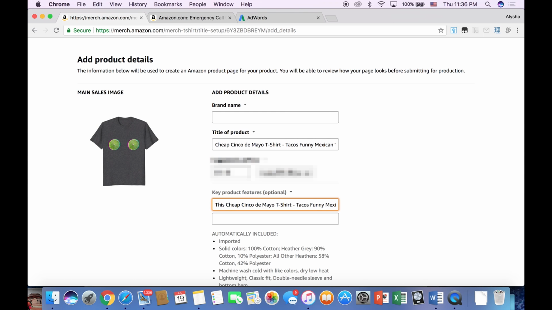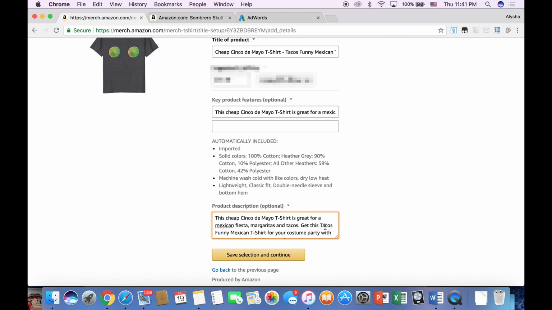So I want to make a couple of sentences so it doesn't necessarily look like I'm stuffing keywords, but at the same time I want to put in as many keywords and combinations of words as possible so that I can utilize the space as much as I can and someone can look at my shirt and then possibly buy it.